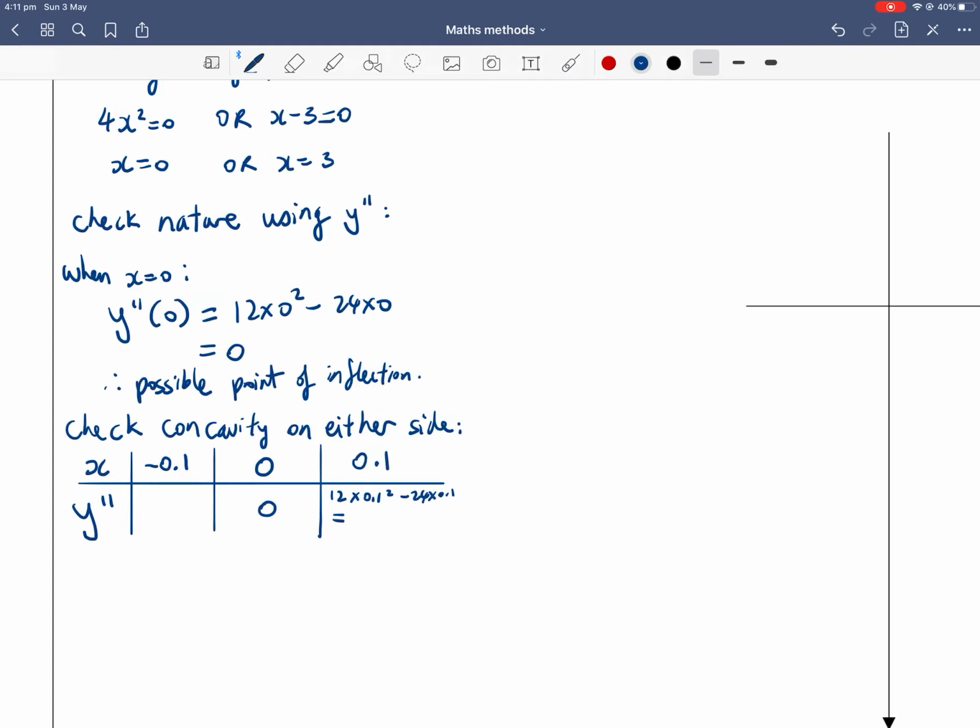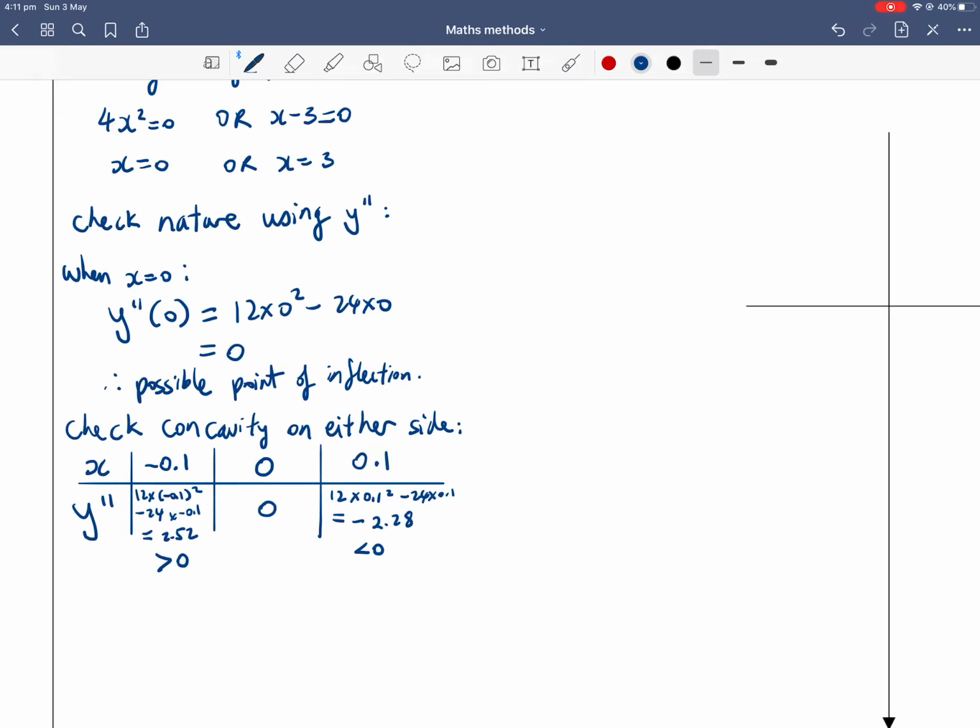So 12 times 0.1 squared minus 24 times 0.1, let me quickly do that on the calculator, gives me negative 2.28, so it's negative. Whereas over here we have 12 times negative 0.1 squared minus 24 times negative 0.1, which gives me 2.52, which is positive.